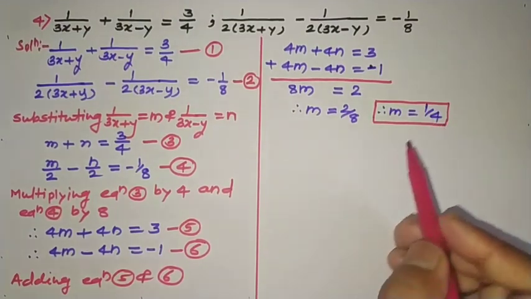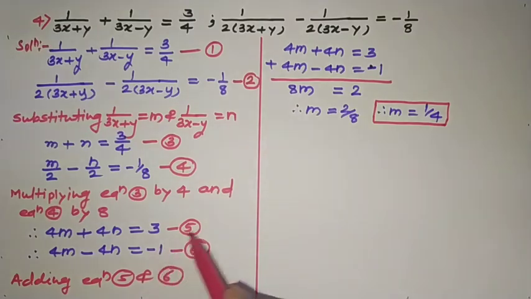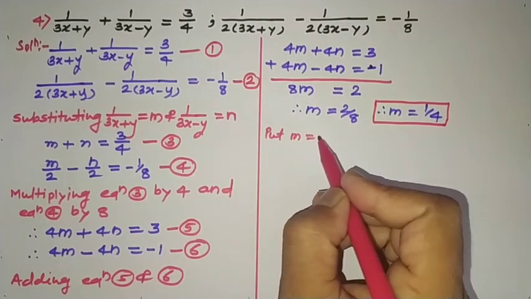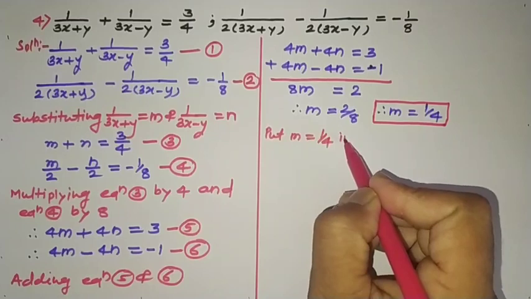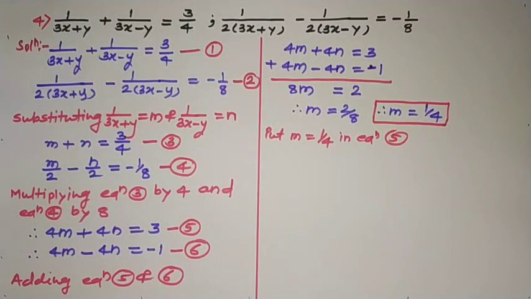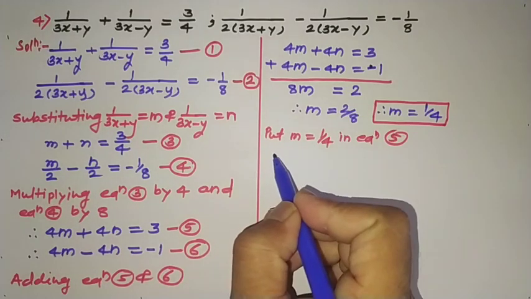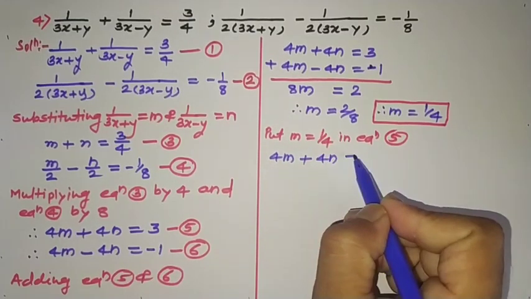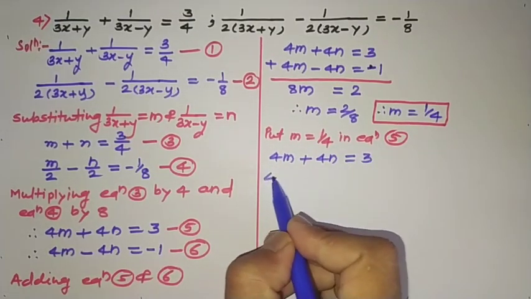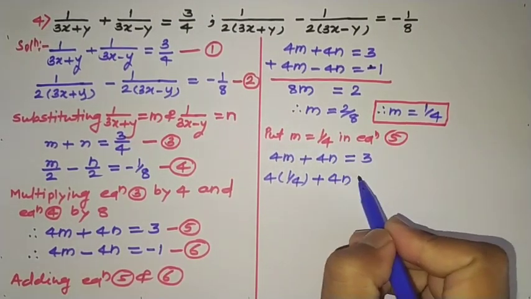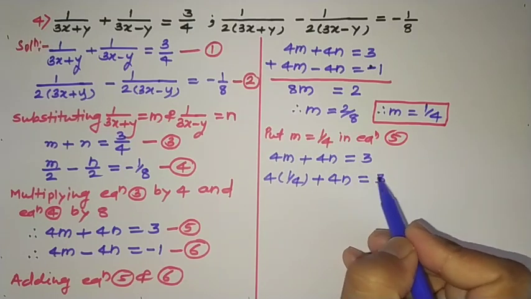Put this value in equation 5. Put m is equal to 1 upon 4 in equation 5. First write down equation 5: 4m plus 4n is equal to 3. Put the value of m is equal to 1 upon 4, so 4 into 1 upon 4 plus 4n is equal to 3.